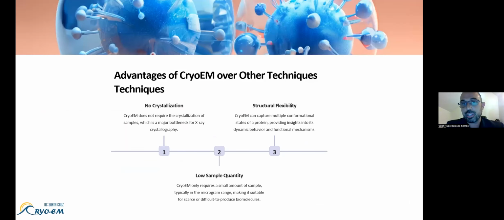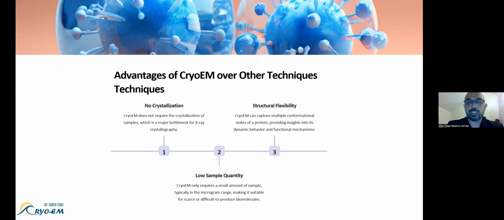But as everybody attending this webinar might know, cryo-EM has a bunch of other advantages in comparison with other methods that I would love to highlight, especially in the second part of my talk. Cryo-EM doesn't require crystallization. It helps you solve structures that have multiple conformations, such as structural flexibility, and you don't need a lot of sample, right?